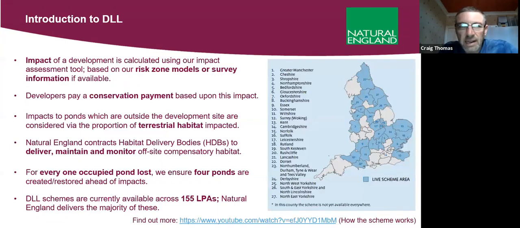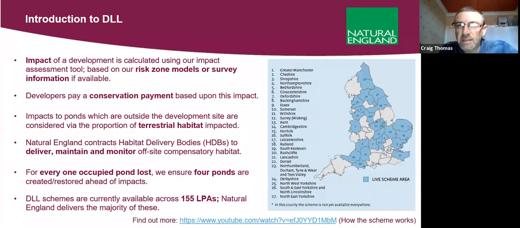Okay, so an introduction to DLL. Clearly, we look at the impact of a development using our impact assessment tool. So impacts are based on an assessment of the impact on a scheme in any given area, and can be based on survey information. We can use risk zone models or survey information where available, and I'll talk about the risk zone models in a minute.